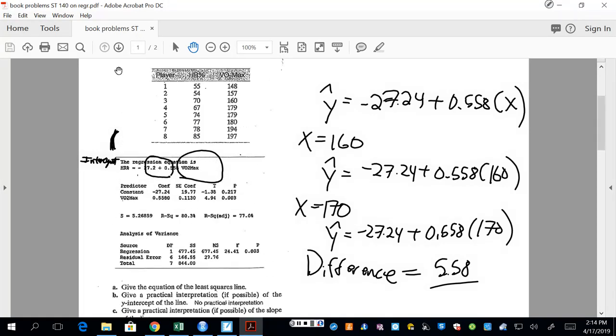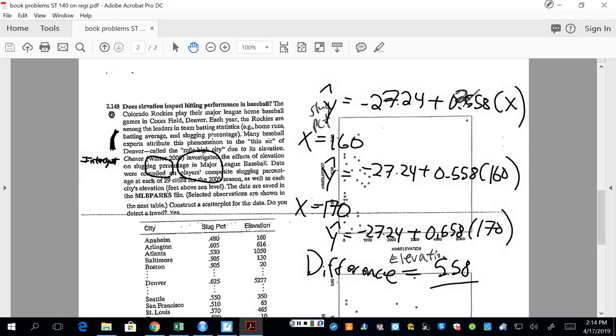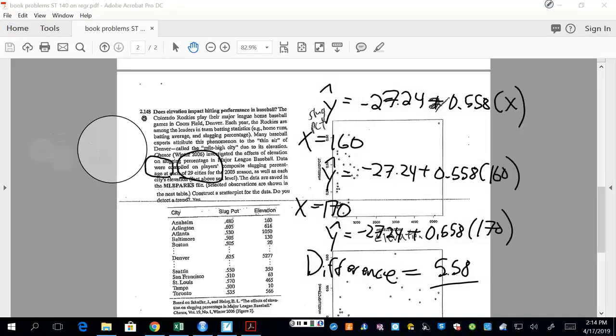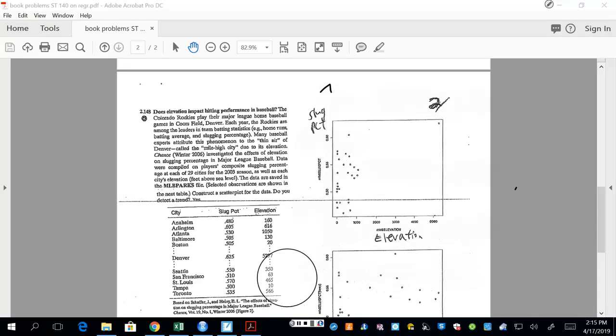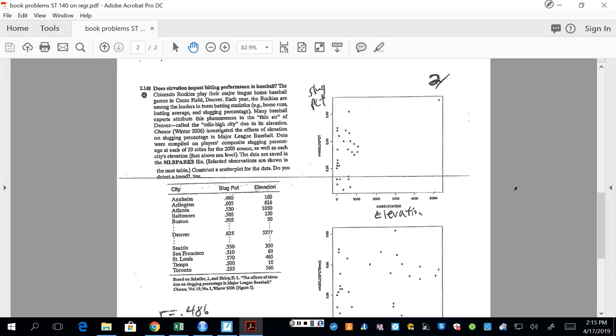Right. Let's look at one more book problem example and an issue that comes up with regression and why it's important to look at your data. So a number of years ago, professional baseball expanded, and the Colorado Rockies started playing. They play in Denver. Denver is at a mile of elevation, 5,200 feet.